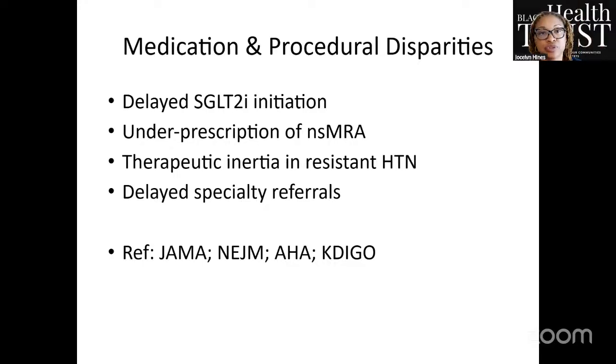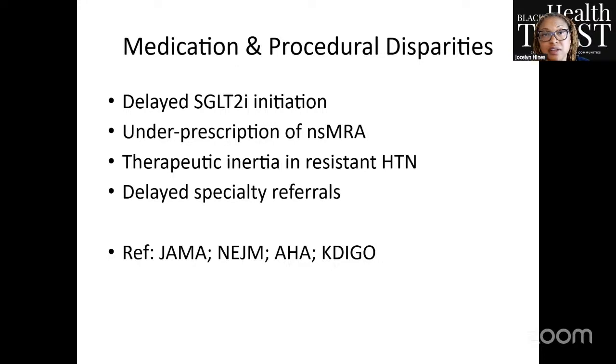Medication and procedural disparities. So there are delayed starts for SGLT2 inhibitors. There is an underprescription of nonsteroidal MRAs. There's therapeutic inertia when it comes to resistant hypertension, and delayed specialty referrals.